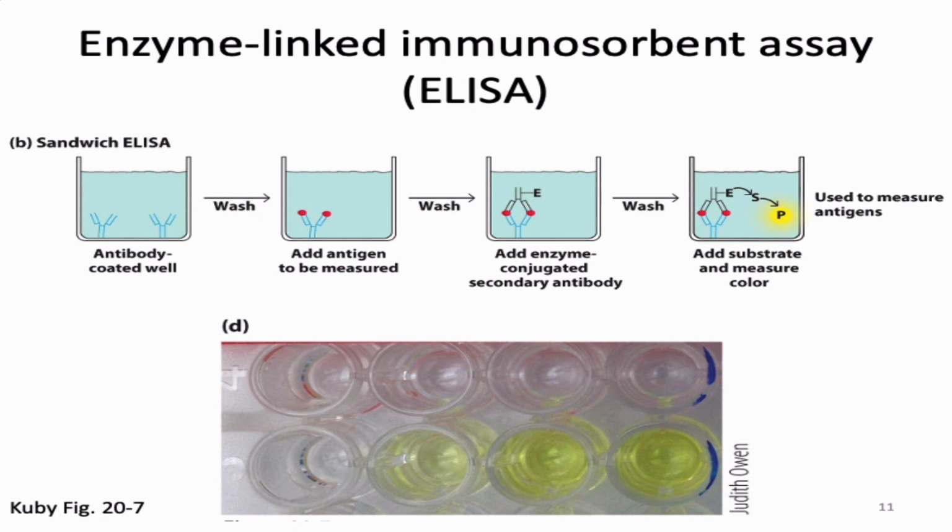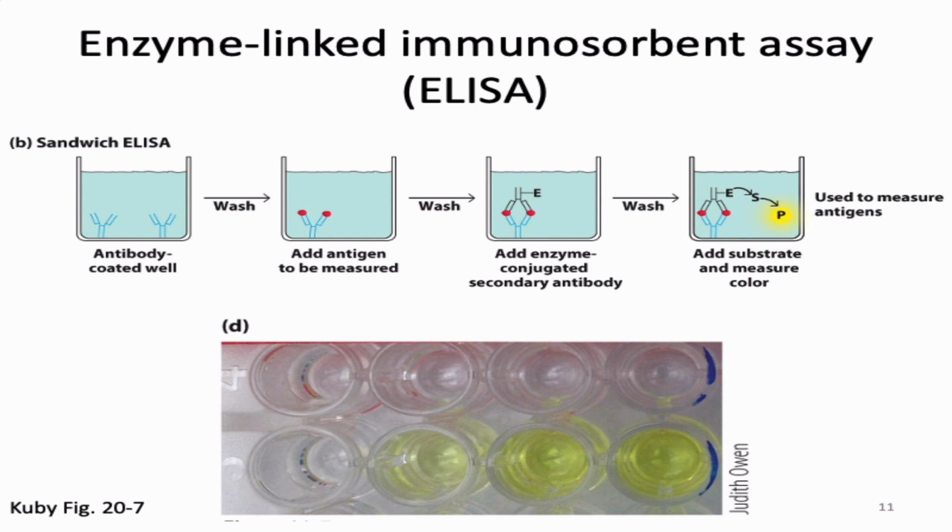If the sample has antigen, it will bind. If the sample does not have antigen, it will not bind. Then you wash off anything that is potentially remaining. So basically the antigen and antibody will stay. Anything that's unbound will go away.